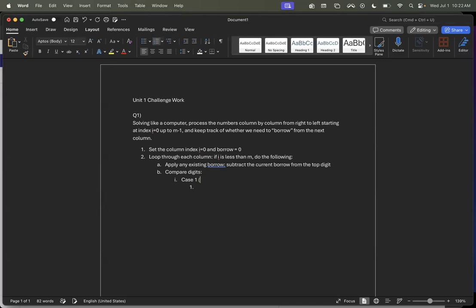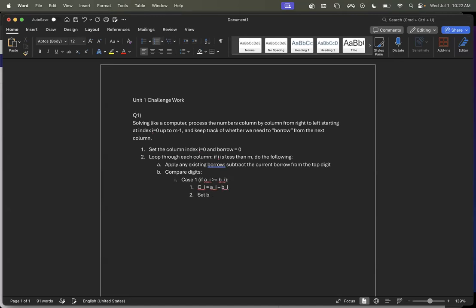In case 1, if a sub i is greater than or equal to b sub i, and those should be i's for the index, we will say c sub i equals a sub i minus b sub i.